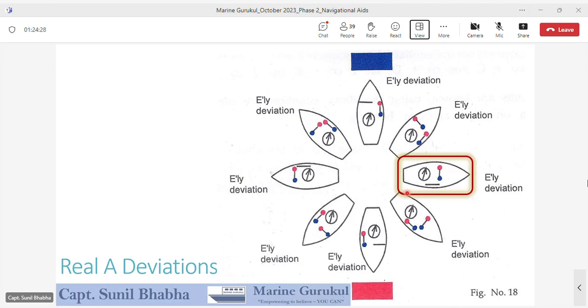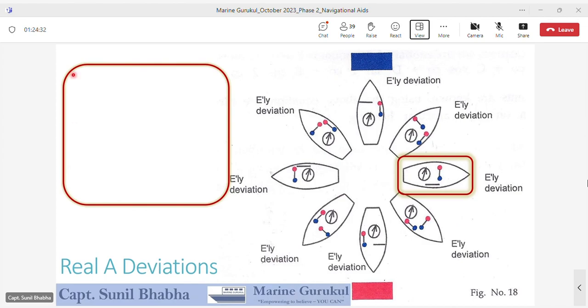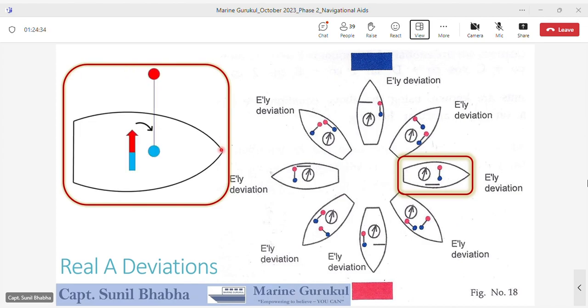We can zoom in and see the effect in detail. You can see the zoomed in diagram on the left side now. The vessel is heading in the easterly direction. The fore and aft longitudinal does not have any magnetism, so that's why it is not shown in this diagram. There are no poles generated there.